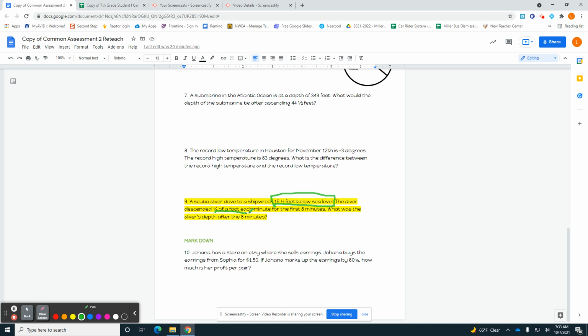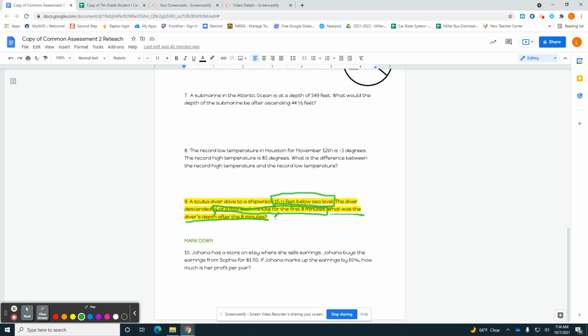So 3/4 of a foot for each minute for 8 minutes. What was the diver's depth after the 8 minutes? So they want to know the diver's depth after the 8 minutes. Okay. So this one is a little bit of a challenge, but we can do it.